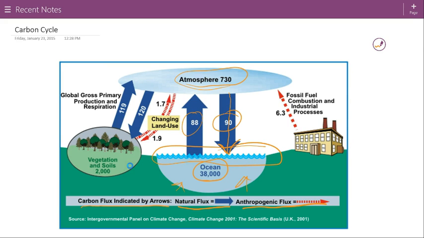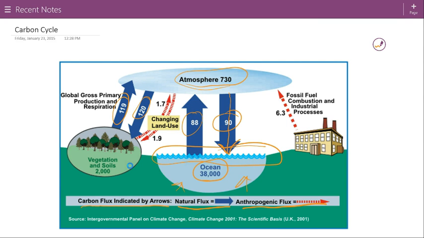Now we also have the global gross primary production and respiration. So all the plants and animals in the world are absorbing carbon through plants' photosynthesis or through organisms' growth. They're absorbing about 120 units of carbon from the atmosphere, and then they're giving off about 119.